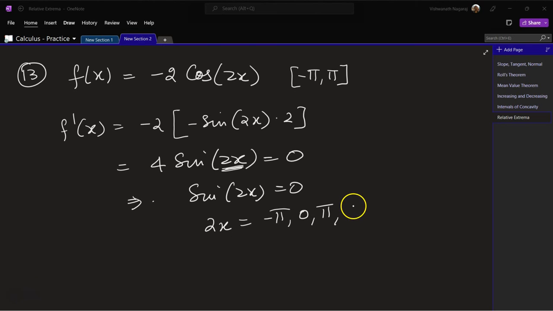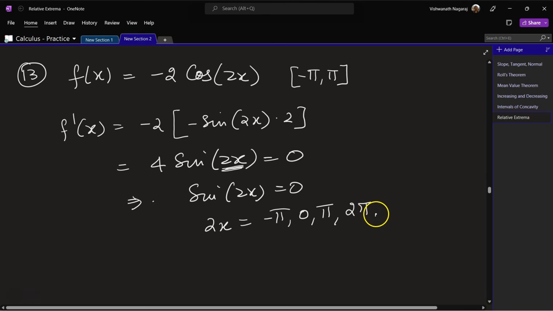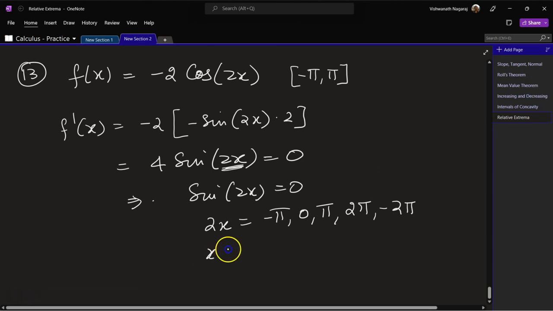So it will be 2 pi and minus 2 pi as well. So which means x will be equal to minus pi by 2, 0, pi by 2, pi and minus pi.